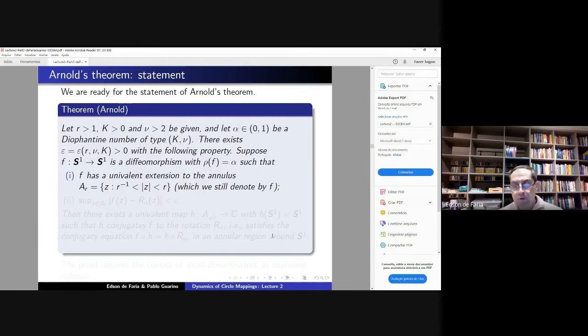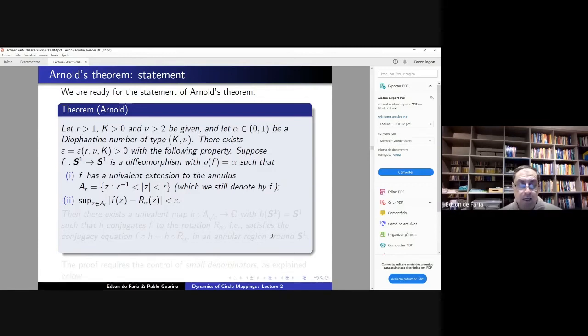I'm still denoting it by the same name. So in particular, f is real analytic on the circle, since it has this holomorphic extension. And the second condition is that f is actually close to the rotation by alpha in this whole annulus.